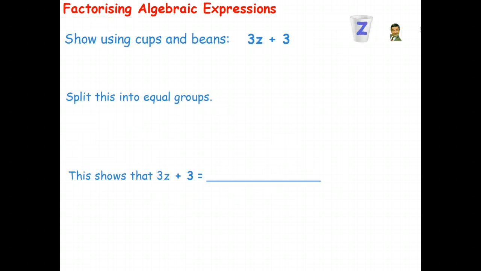Okay, let's try another one. So I've got 3 cups, each containing z beans, and I have 3 extra beans. Now we want to just split these into equal groups. Well, I can't split them into 2 equal groups because I don't have an even number of cups or an even number of beans, but I can split them evenly into 3 groups, like so.